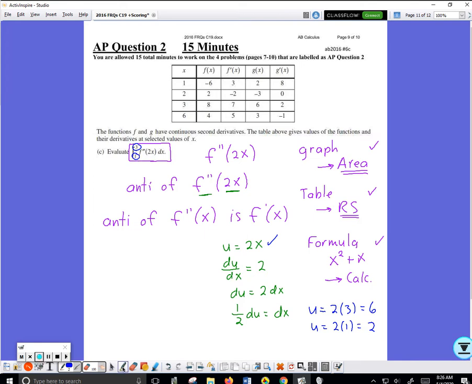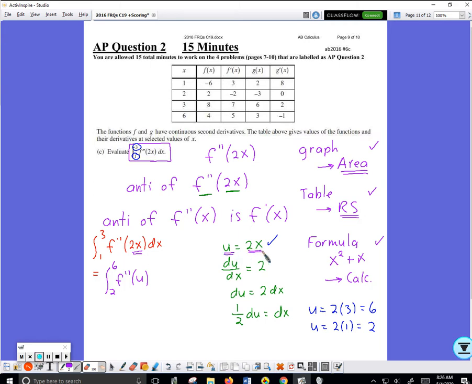So now I've got everything I need for the substitution. My integral of 1 to 3 of f double prime of 2x will equal a new integral from 2 to 6 of f double prime of u, because 2x is the same as u.